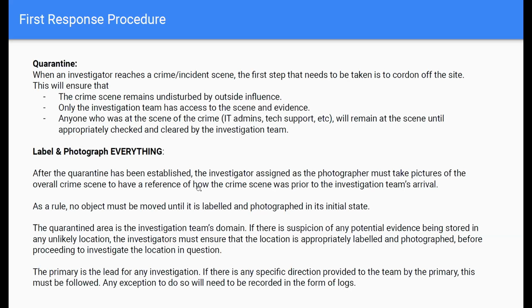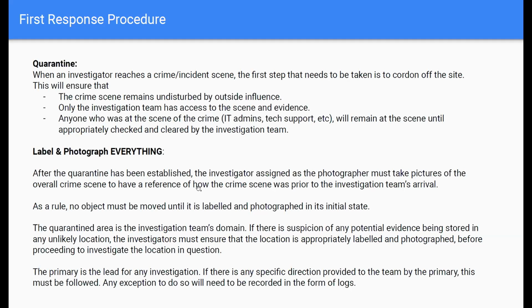That is an actual thing that people do, even in digital investigation. Anybody who's already in the site cannot leave until they are thoroughly examined and cleared by the investigation team. Anybody who is outside cannot enter the site, no matter how important they say they are, except for the investigation team. Nobody else can enter until the investigation team gives the go-ahead.